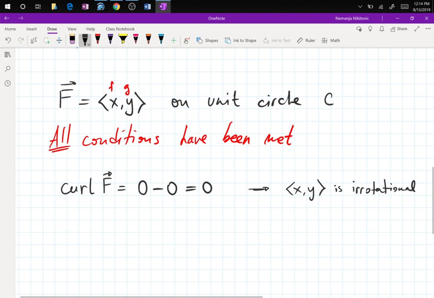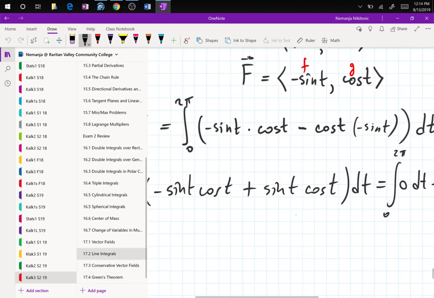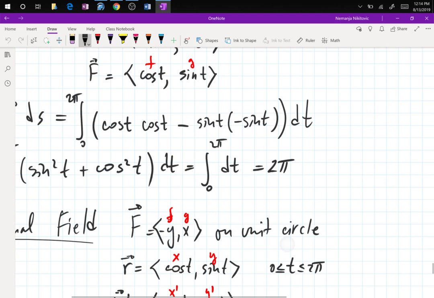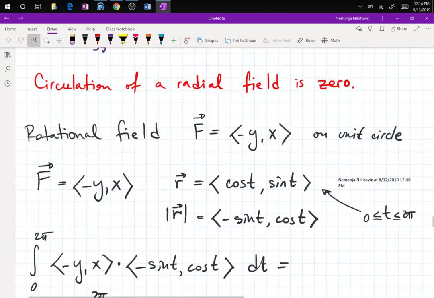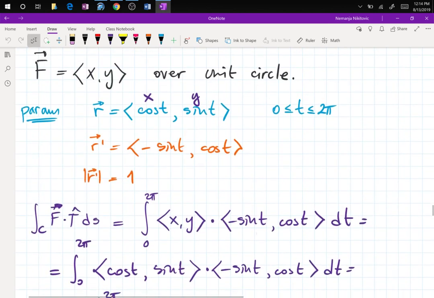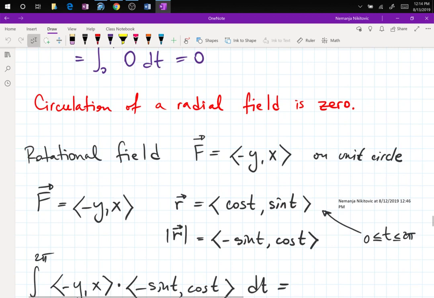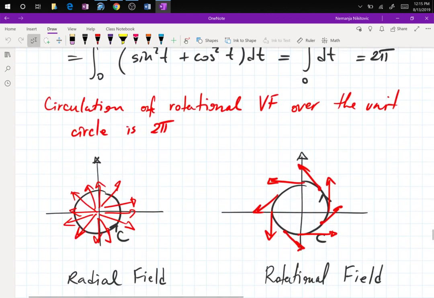We calculated this in 17.2, Line integrals. There we go. Let's find it. So this is the flux, this is the second part. Here's the first part. This is where we define the line integral, and I said, okay, let's take a look at the circulation, the line integral in the vector field circulation form, and let's do it on a radial field.